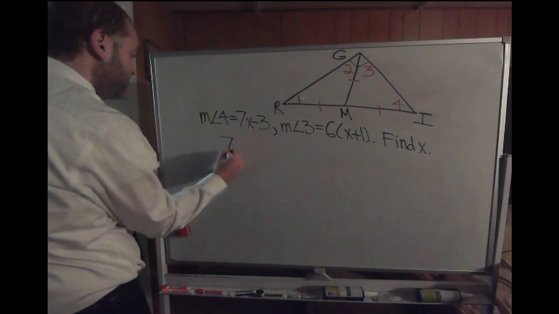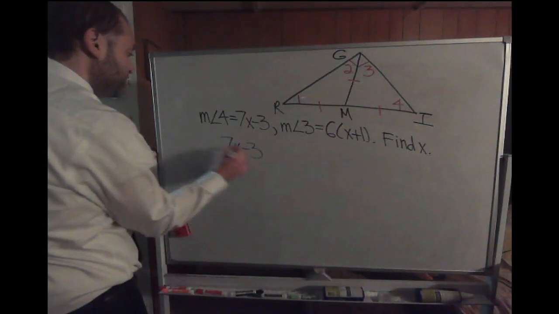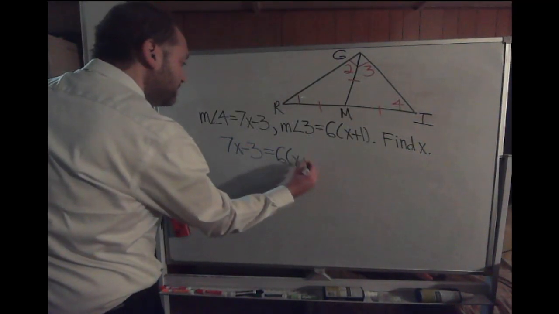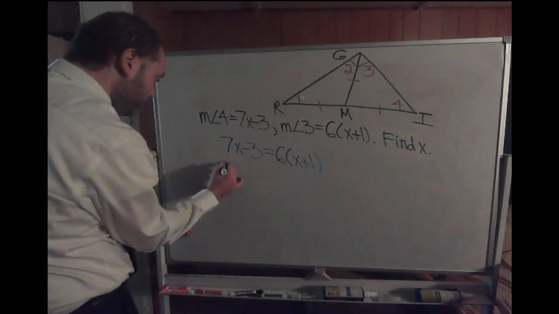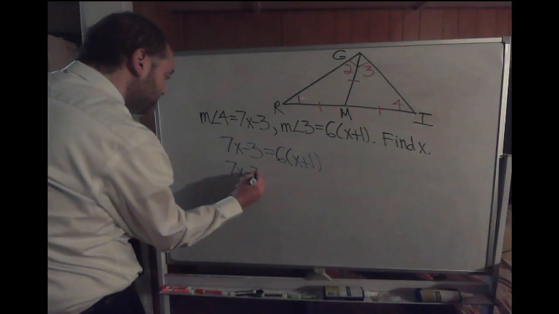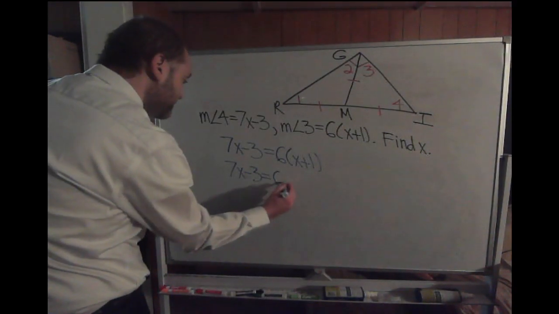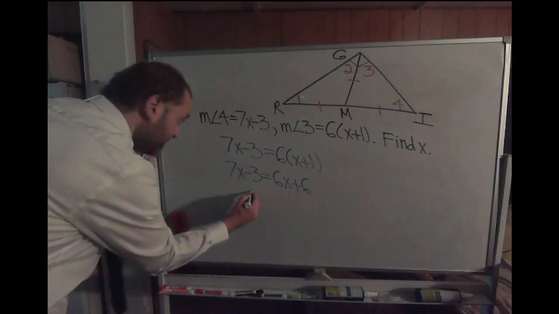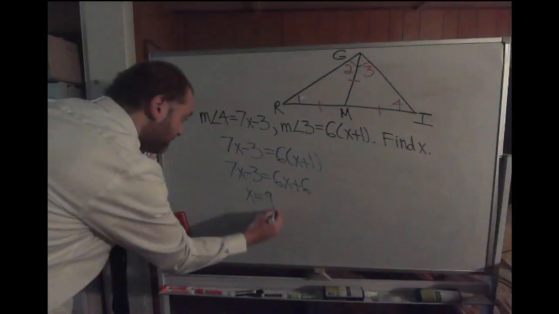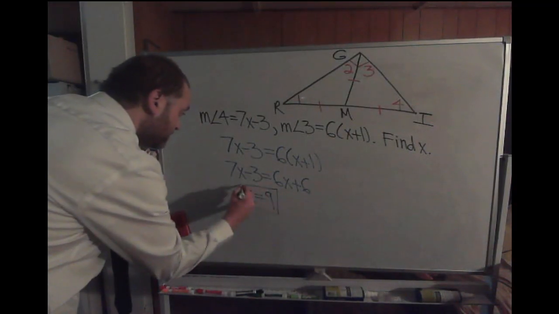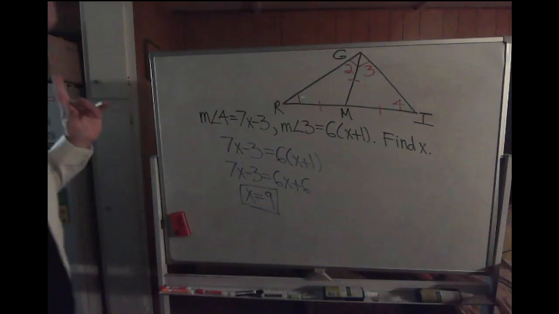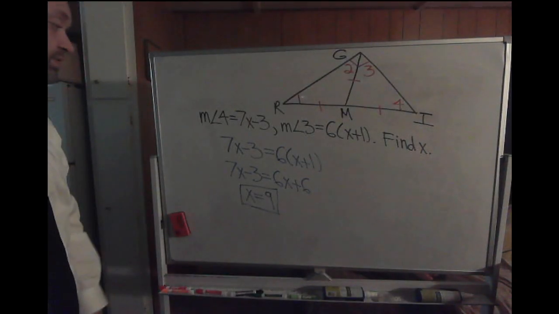So you'll take 7x minus 3, set that equal to 6 times x plus 1, which then turns into 7x minus 3 equals 6x plus 6, which then means that x equals 9. So x equals 9 due to the isosceles triangle theorem.